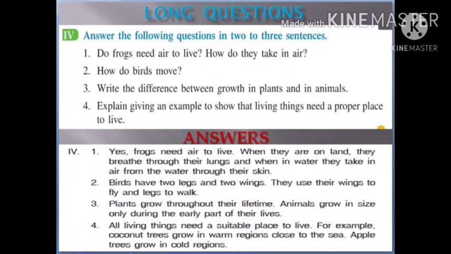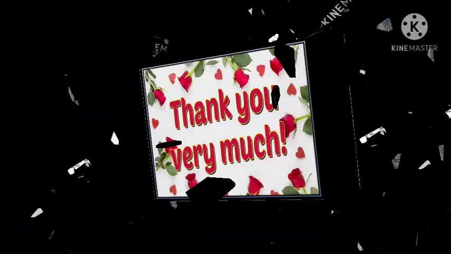For example, coconut trees grow in warm regions close to the sea. Apple trees grow in cold regions. So we can see from the example that living things, they need a suitable place to live. Some animals or some plants, they need warm region, some animals or some plants the cold region to live.